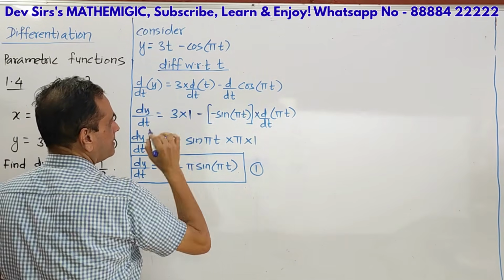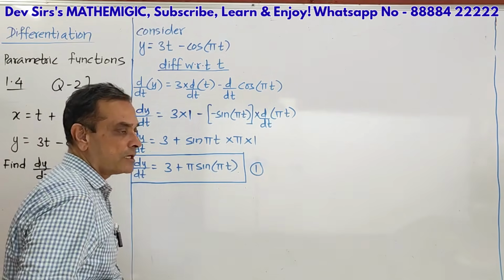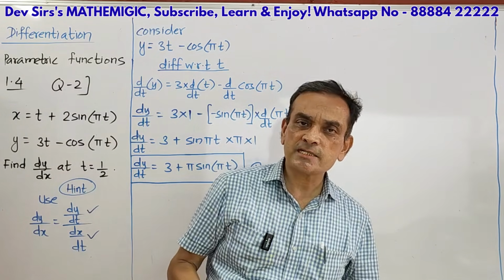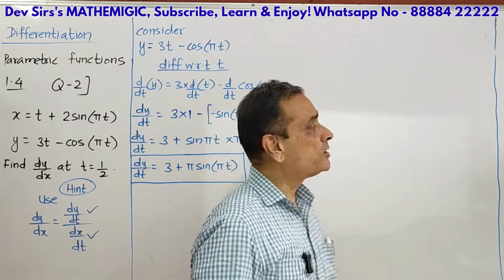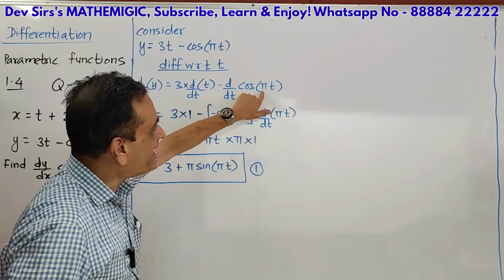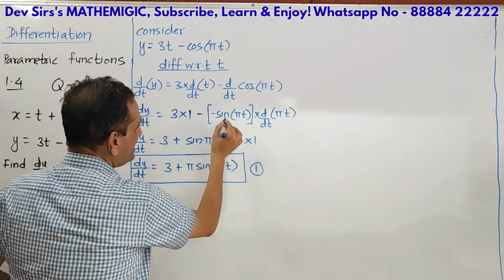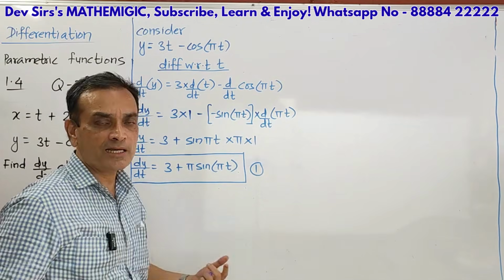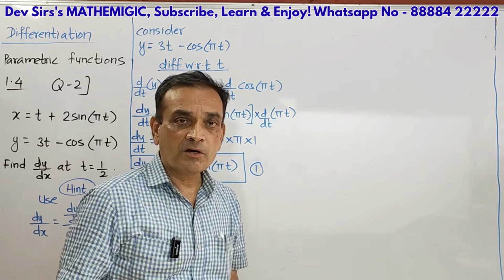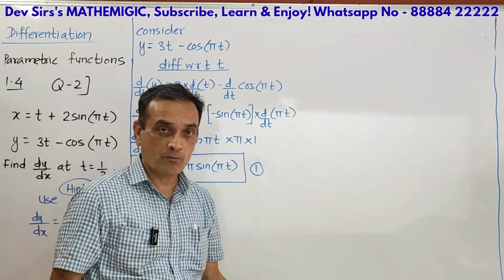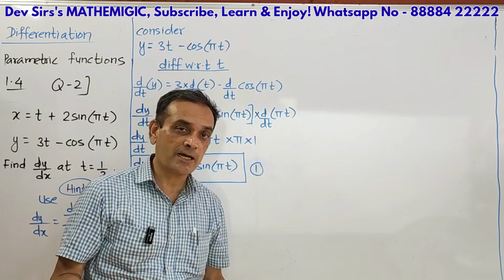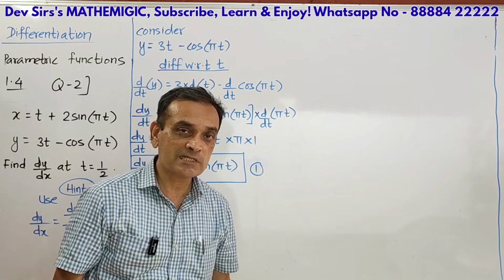Minus sine. Derivative of cos x is minus sine x. So derivative of cos pi t is minus sine pi t. As simple as that. But what does the chain rule say? बहुत पहले हम लोग ने chain rule सीखा है. What does the chain rule say?